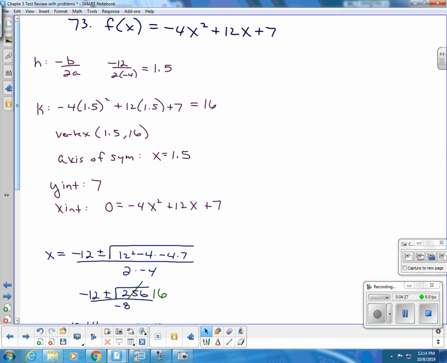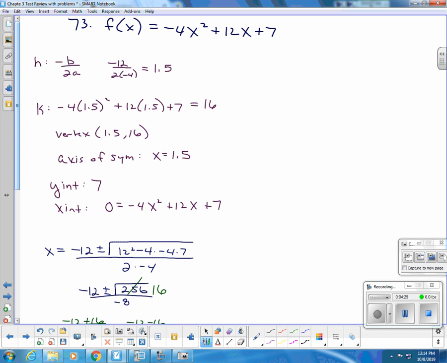All right. So remember, it is a quadratic. Our vertex is 1.5, 16, so let's pretend that we can put it on the graph.